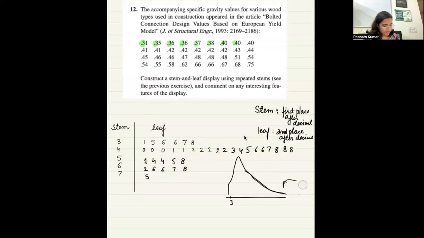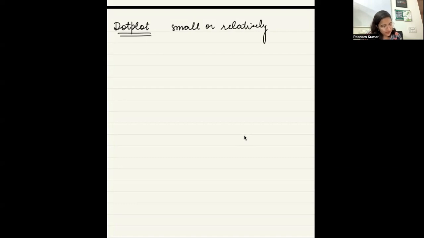All right. There is another method similar to this, which is called a dot plot. So what is a dot plot? It is also a method to pictorially draw your data when the number of data points that you have is small, or when you have relatively few distinct values.